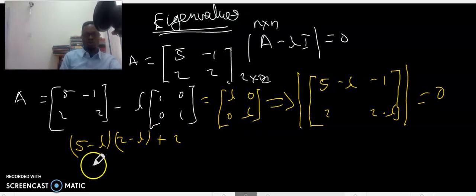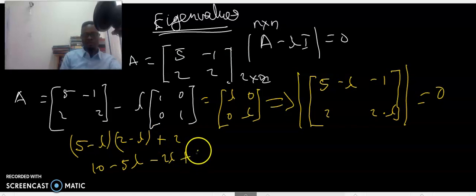5 times 2 gives 10. 5 times negative lambda gives -5 lambda. Negative lambda multiplied by 2 is -2 lambda. Negative lambda multiplied by negative lambda is positive lambda squared. So what do we have? We have 10 minus 5 minus 2 lambda. You can use your calculator to do that.